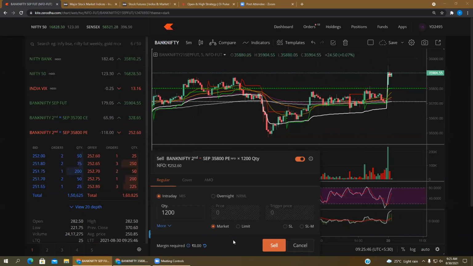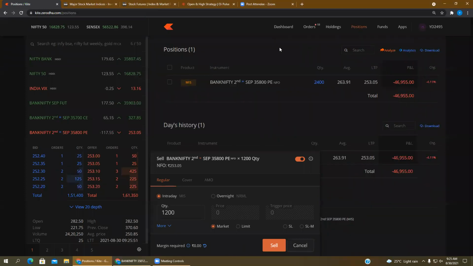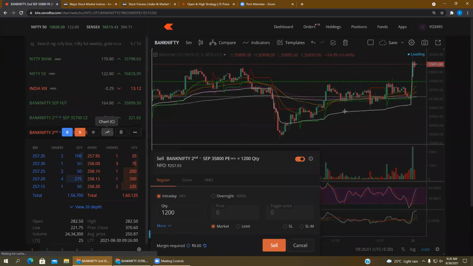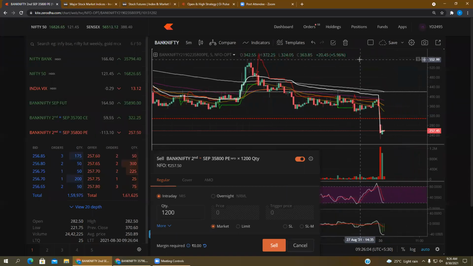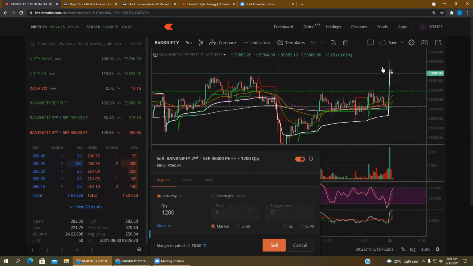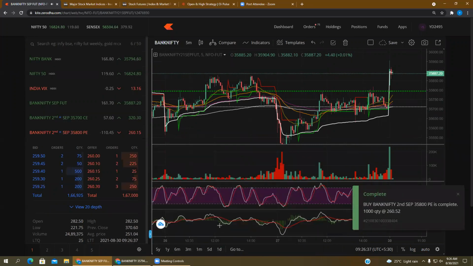Staying above 35,800. Now for this 2400 that I have, my stop loss is going to be 240. I've added 1000 more at 260.